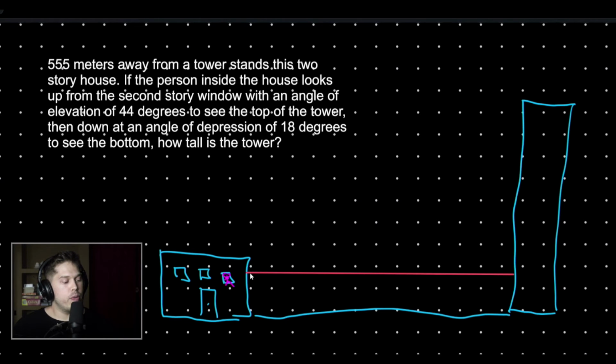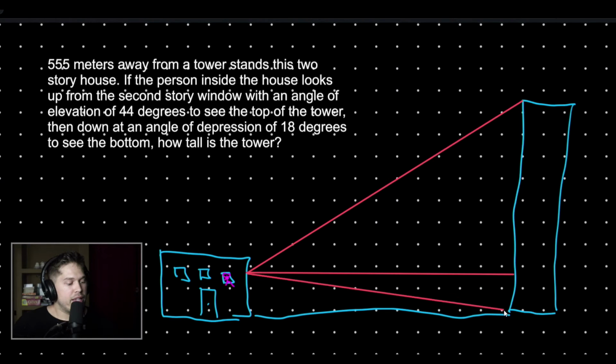We're told that if they look up at an angle of elevation of 44 degrees, they can see the top of the tower. And if they look down at an angle of depression, then they can see the bottom of the tower. And now we are asked to solve for the total height of the tower.